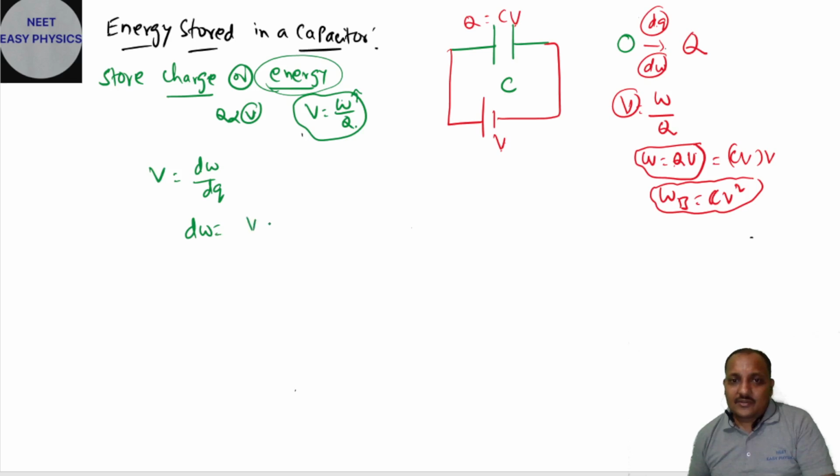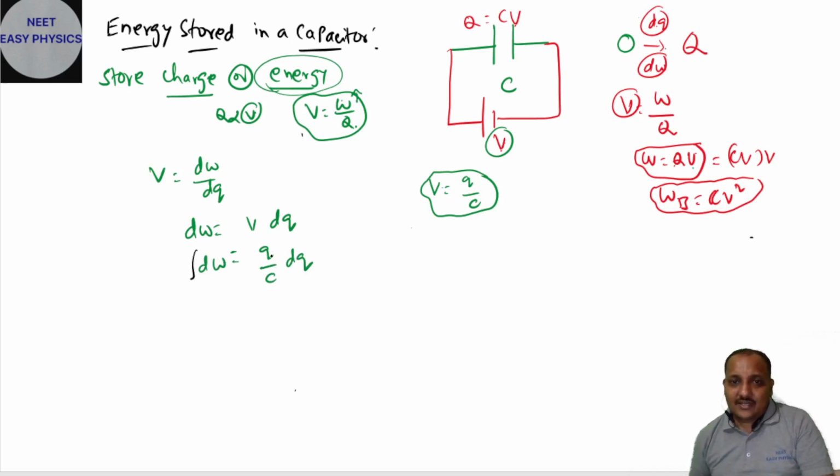So dW is equal to V dQ. According to the voltage definition, Q is equal to CV, so V is equal to Q by C. That is going to be Q by C into dQ. So just integrate both sides.